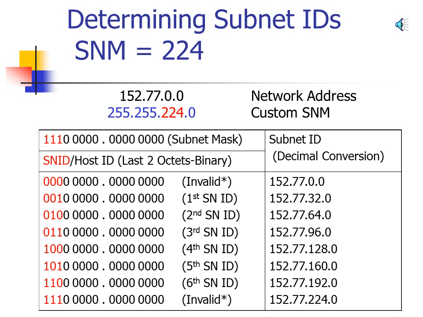So our first subnet ID would be 152.77.32.0. And then doing the decimal conversions right down the line, the next one is 152.77.64.0, 96.0, all the way to 224.0.